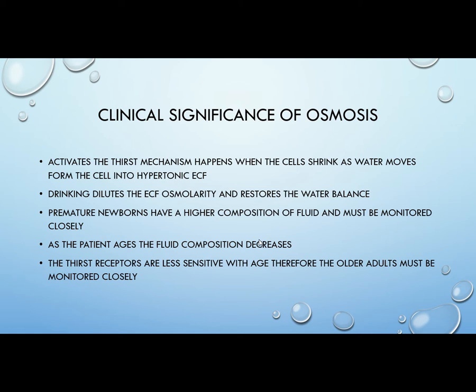Also, osmosis helps with the premature born that have a higher composition of fluid and must be monitored very closely. As patients age, osmosis can also be affected by the fluid compositions that are decreased in older adults. Their thirst receptors are less sensitive with age, and so they might not want to drink as much. The feeling of thirst can cause osmosis to be activated in the brain cells.